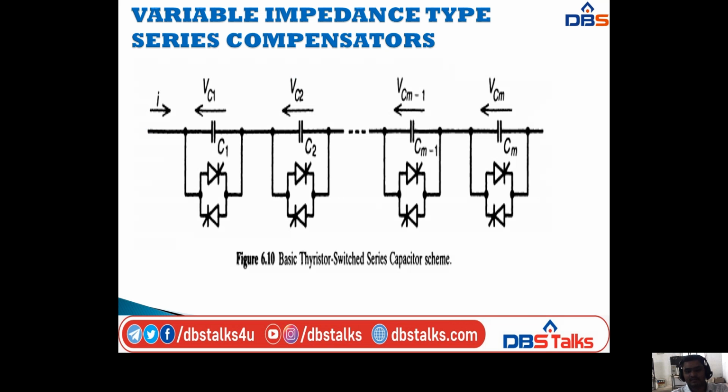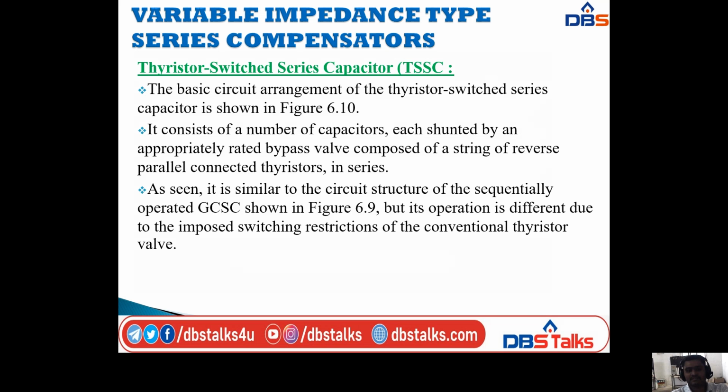Here I am taking two thyristors, both parallel to each other, connected in parallel to the capacitors. So it consists of a number of capacitors, each shunted by an appropriately rated bypass valve composed of a string of reverse parallel connected thyristors in series.